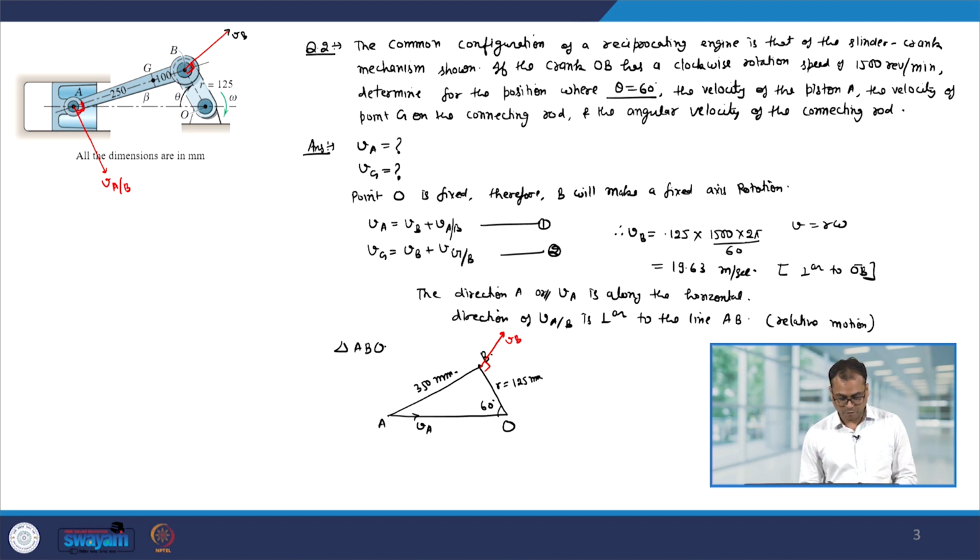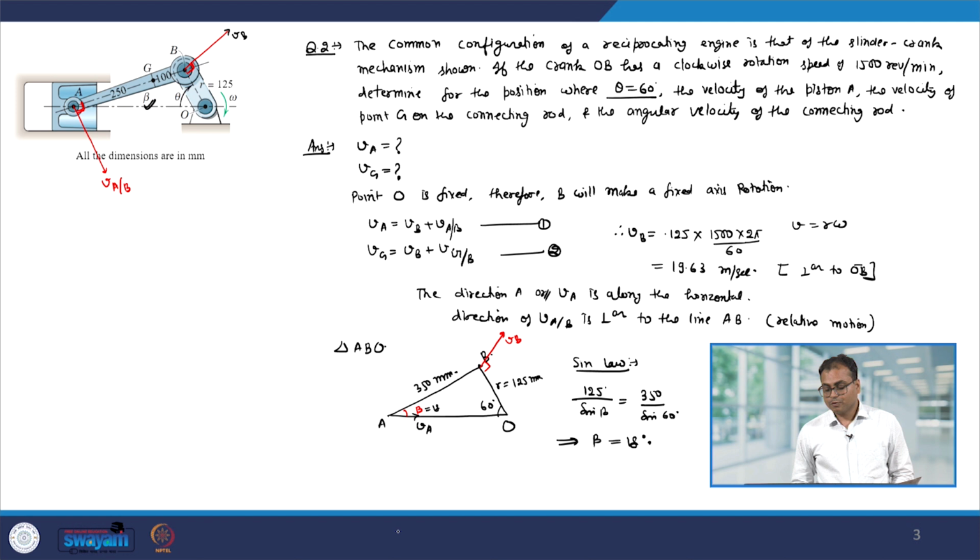So, this is the velocity of B. Now, from here I can find out what is this angle beta. For that I can use the sine law, which is 125 divided by sine beta equal to 350 divided by sine 60 degree, and from here I get beta equal to 18 degree. So, this beta comes out to be 18 degree.